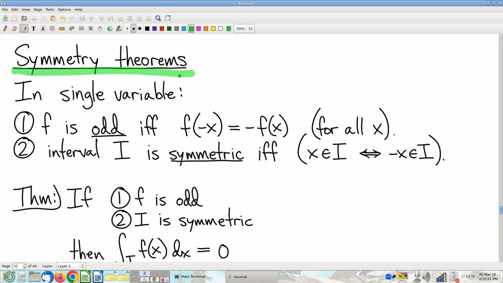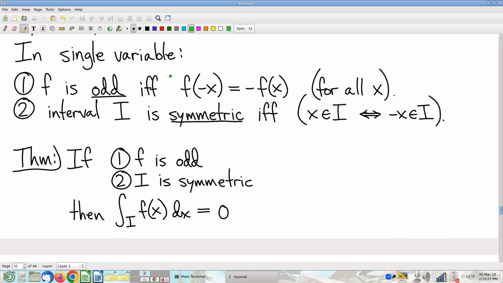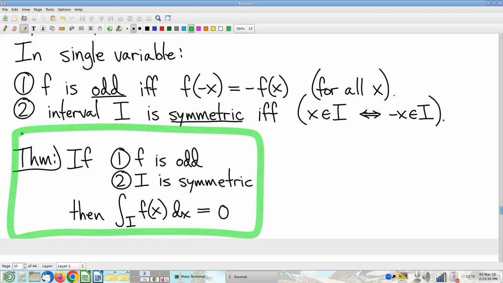Symmetry theorems. There are some really nice theorems from single variable calculus that are even more valuable when you extend them to the multivariable setting. And so in particular, I hope you all remember this theorem right here. Talk through it in just a moment, but if you have an odd integrand over a symmetric domain, your integral is 0. Boom, and it's just a drop the pen and walk away kind of a situation.